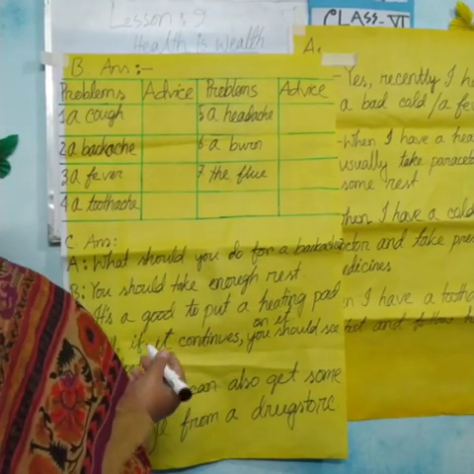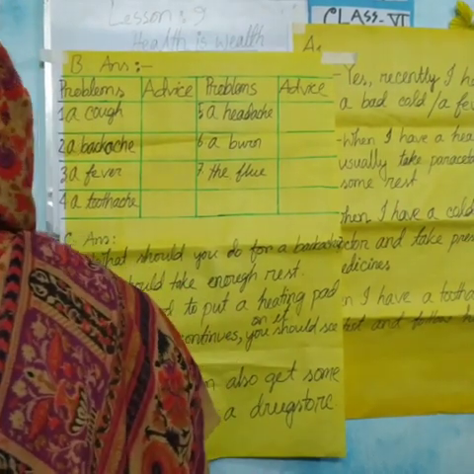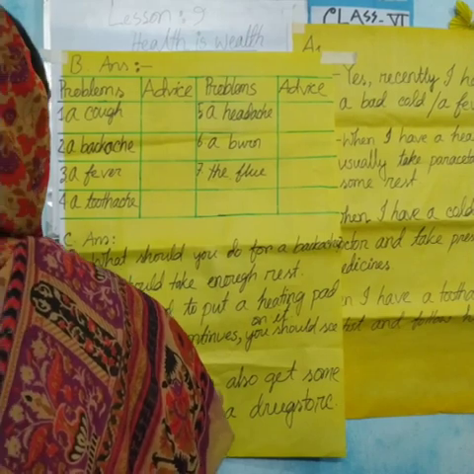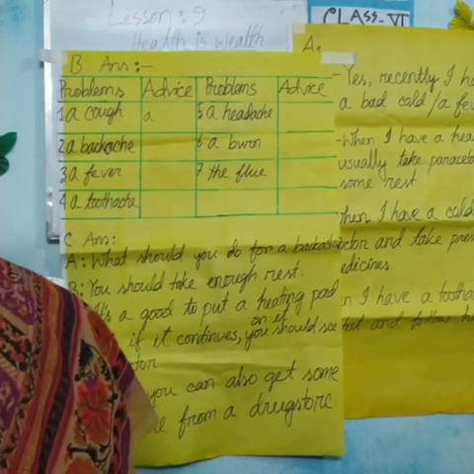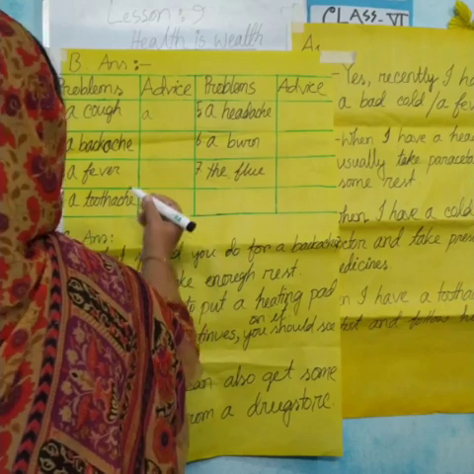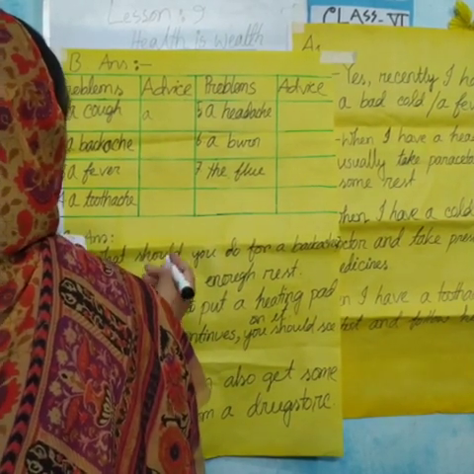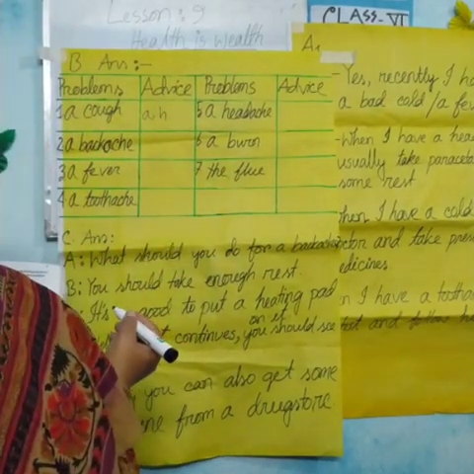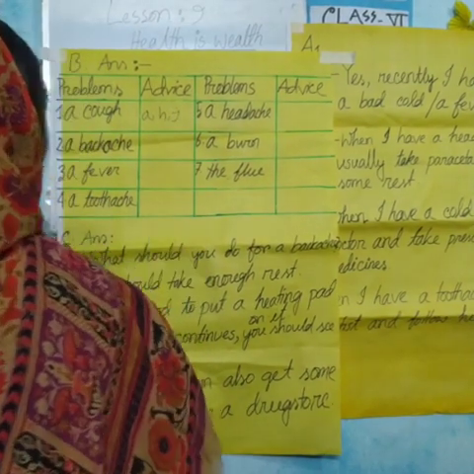For a cough, we can take advice from A, that is, take some vitamin C. Number B, gargle with warm and salt water. And number J, see a doctor.